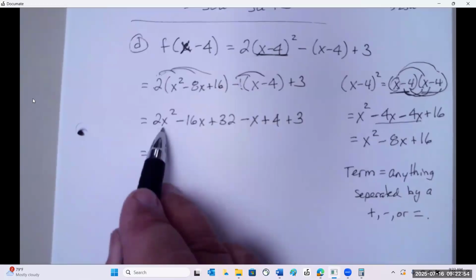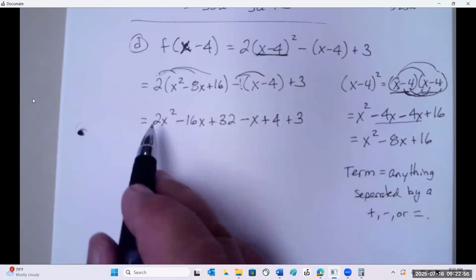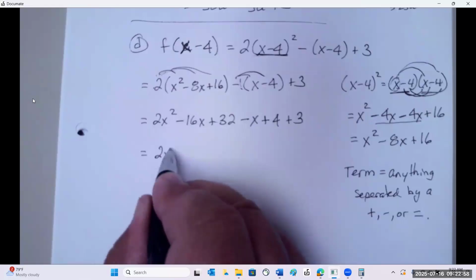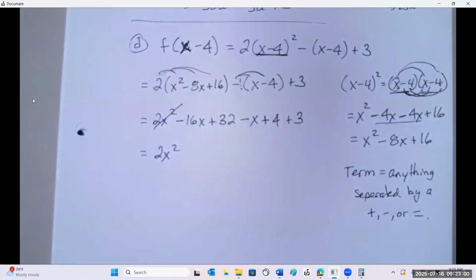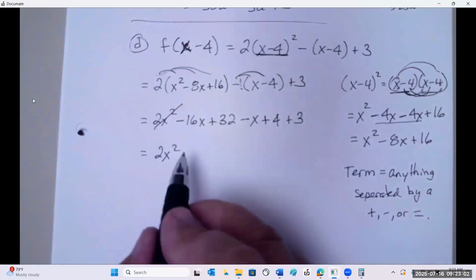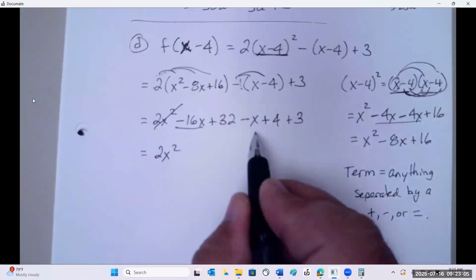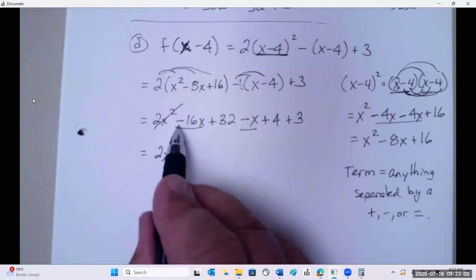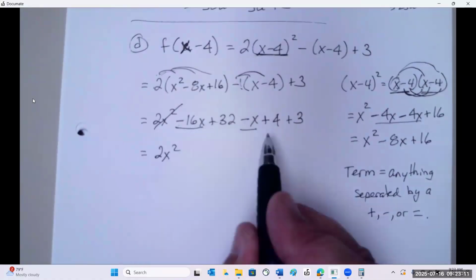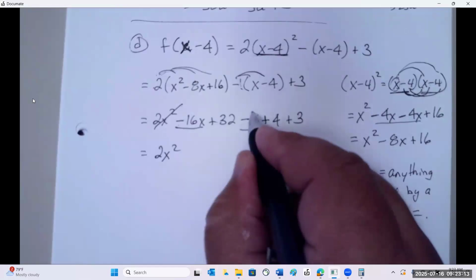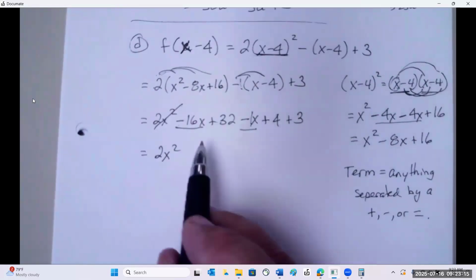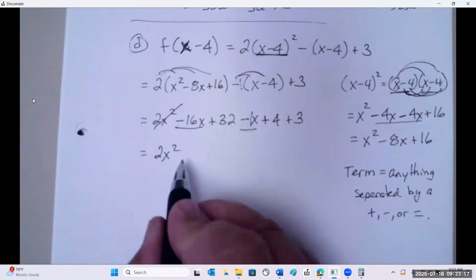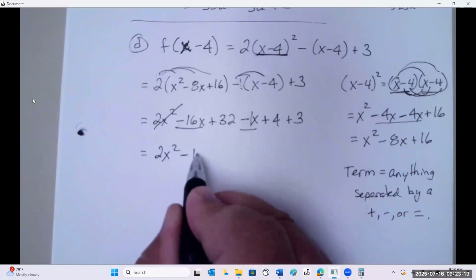Let's combine all the x squares. How many x squares do we have? Just that one. So 2x squared. So that one's taken care of. Next, we have the x's. We have this one and this one. How many of them are in this first one? Negative 16. This one's negative what? Negative 1. So negative 16 plus negative 1, they're both negatives, so I add them: negative 17x.